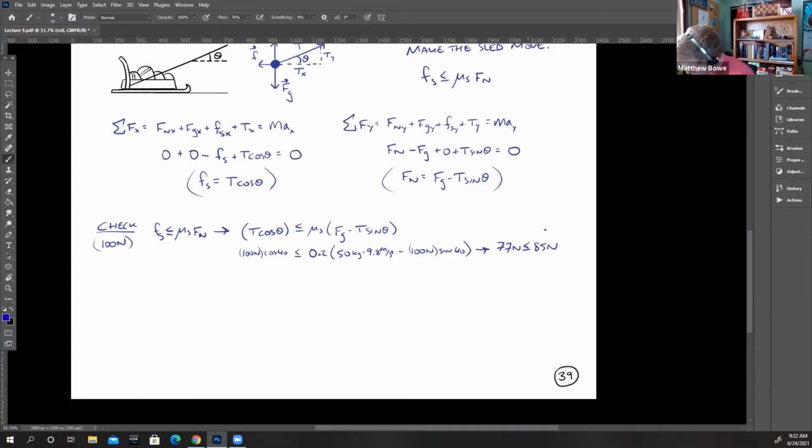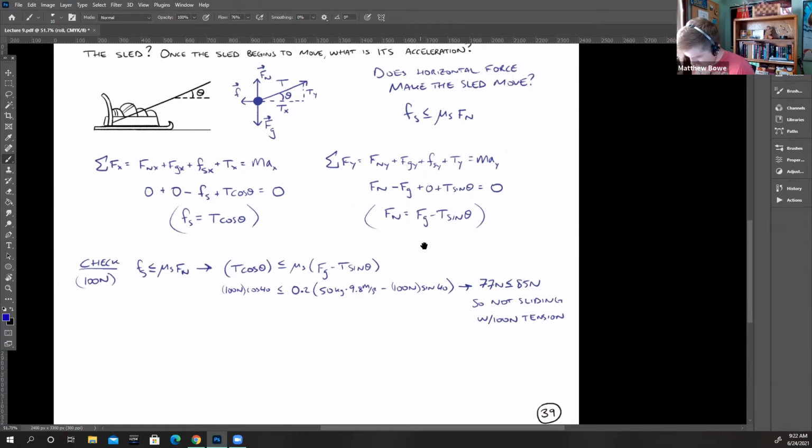So it's not sliding with 100 newtons of tension. Okay, so that's our way to check to see if it does actually start sliding with the force we provide.